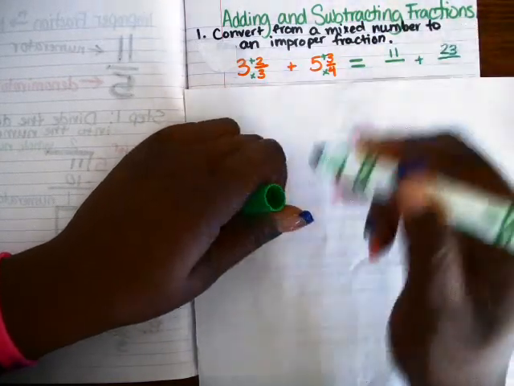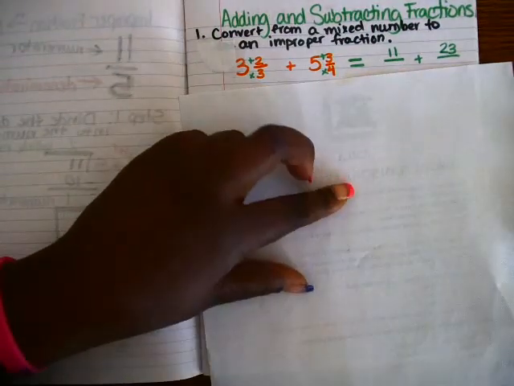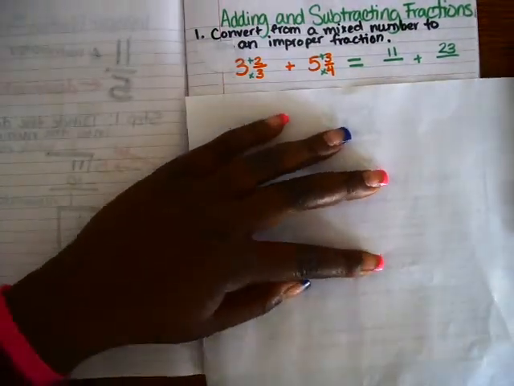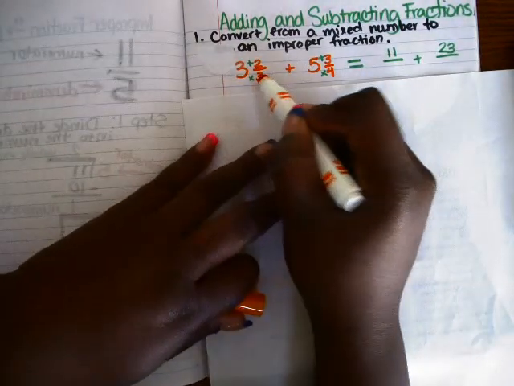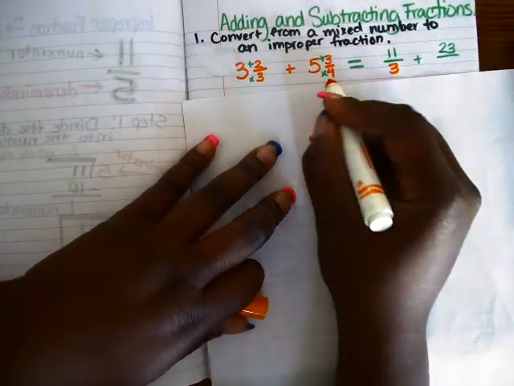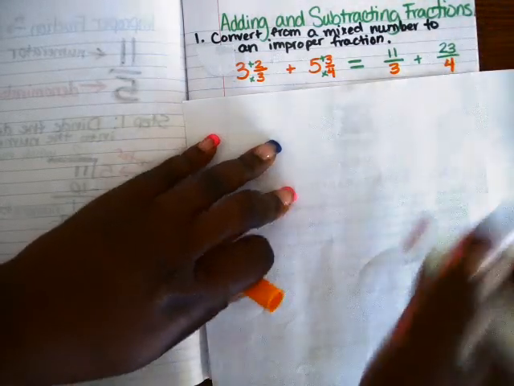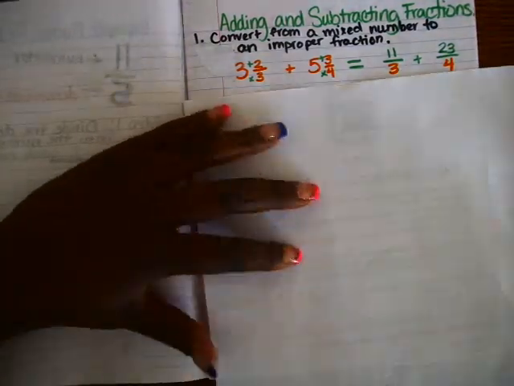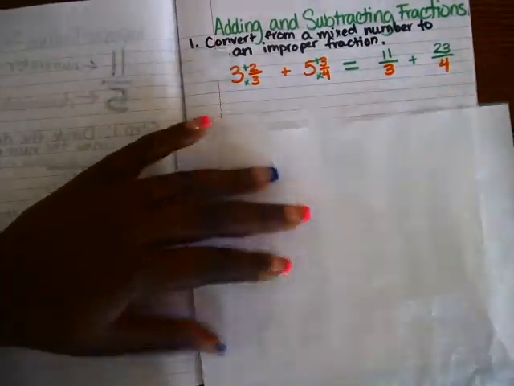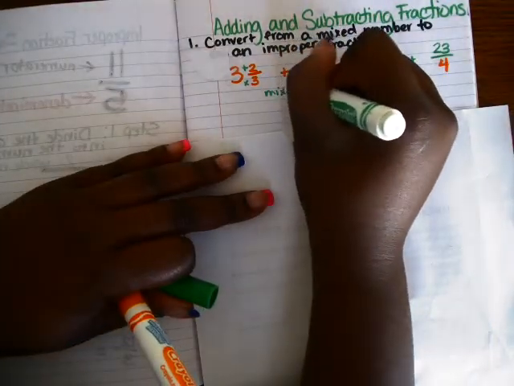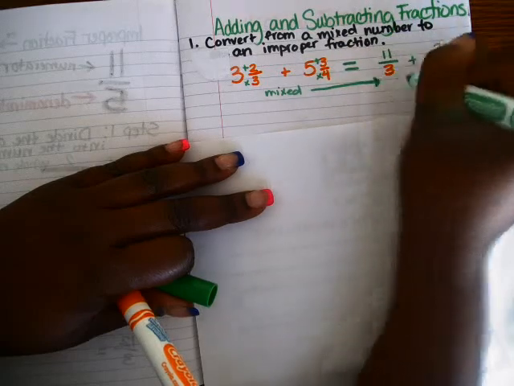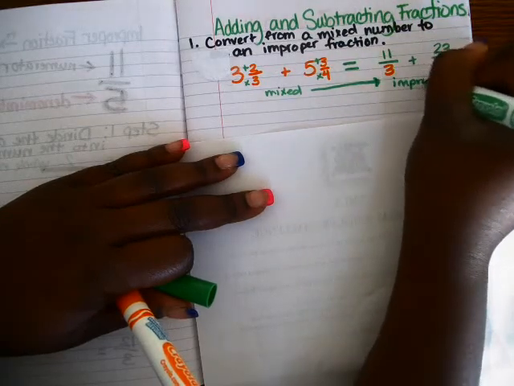So now you have your improper fractions, but I don't have denominators. Well, if you remember, the denominator always stays the same. So on the first fraction, the denominator was 3. Second fraction, the denominator is 4. So now I have just converted from mixed to improper.